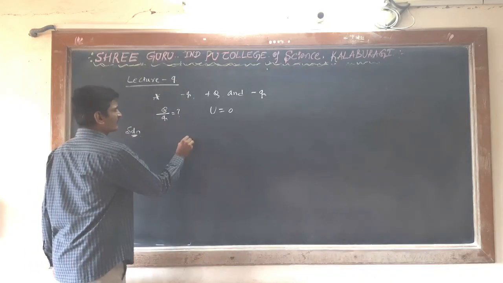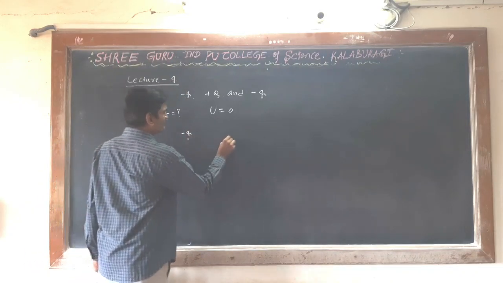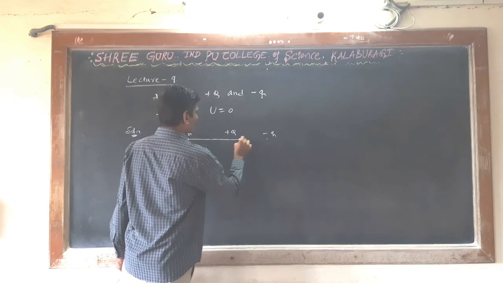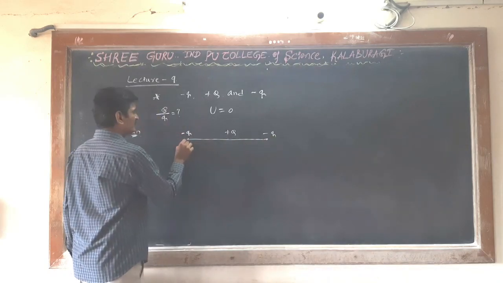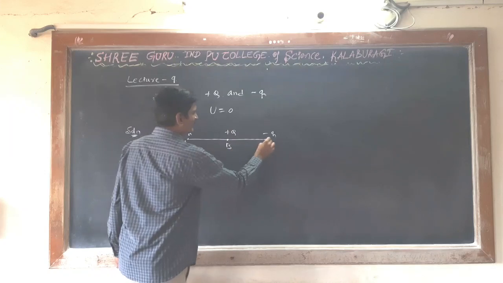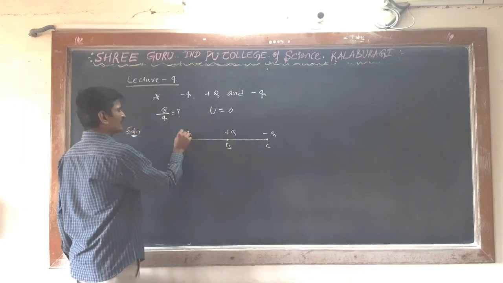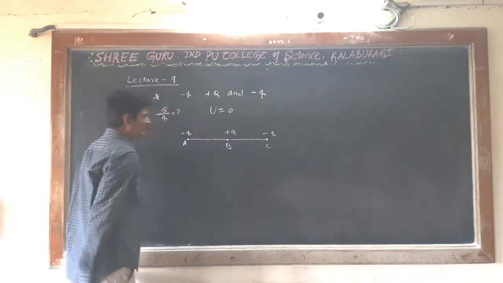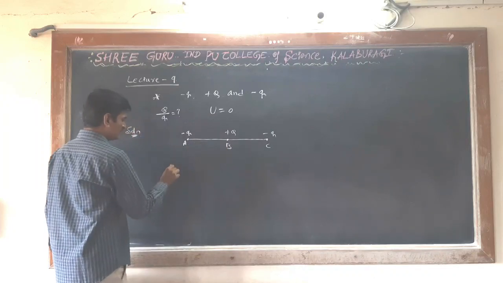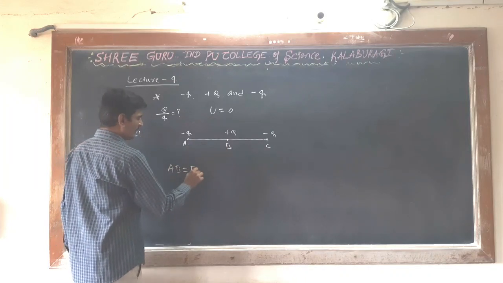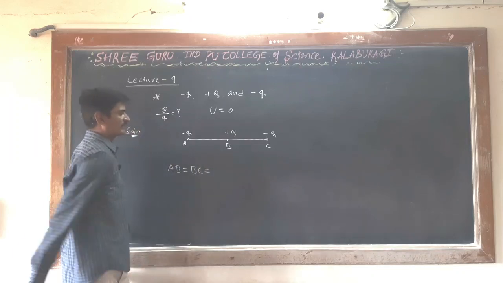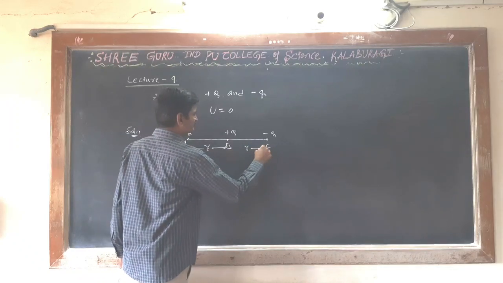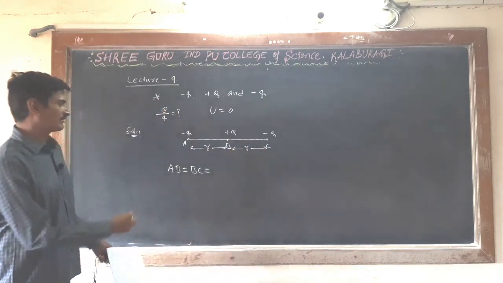Let us consider minus Q, plus Q and minus Q are placed at points A, B and C such that AB is equal to BC, and that is equal to, take some value, R. So they are given equal distance.